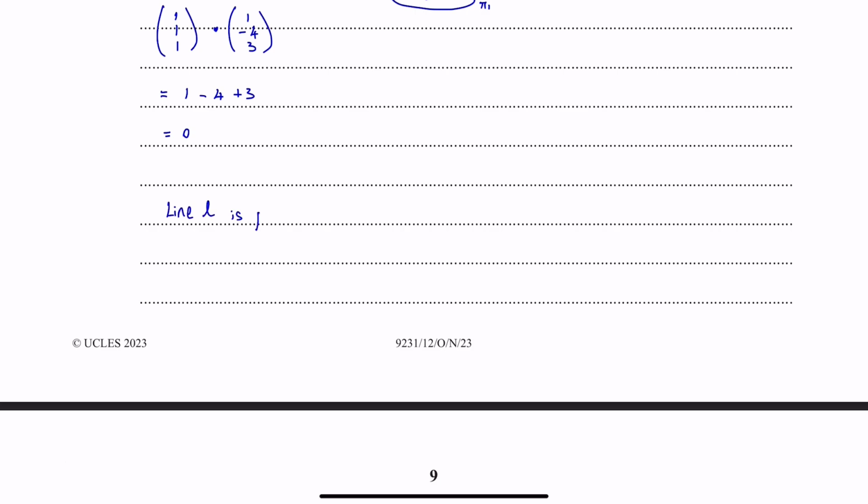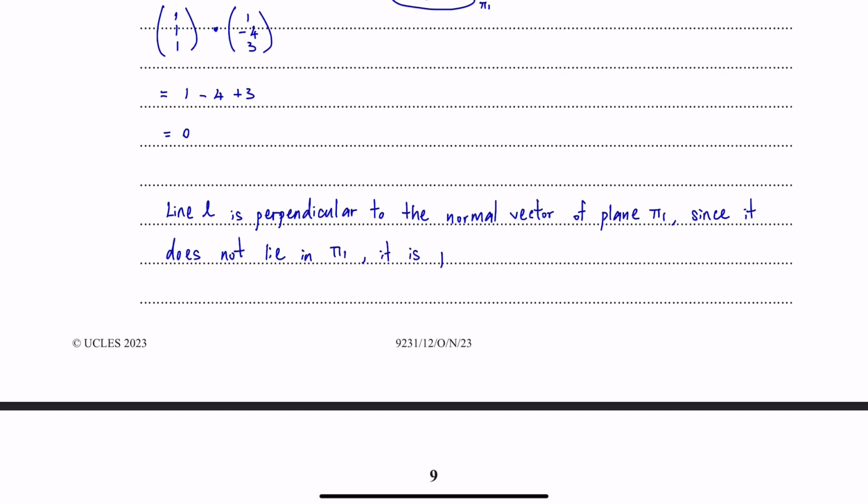Line L is perpendicular to the normal vector of the plane. Since it does not lie in the plane, it is parallel to it.